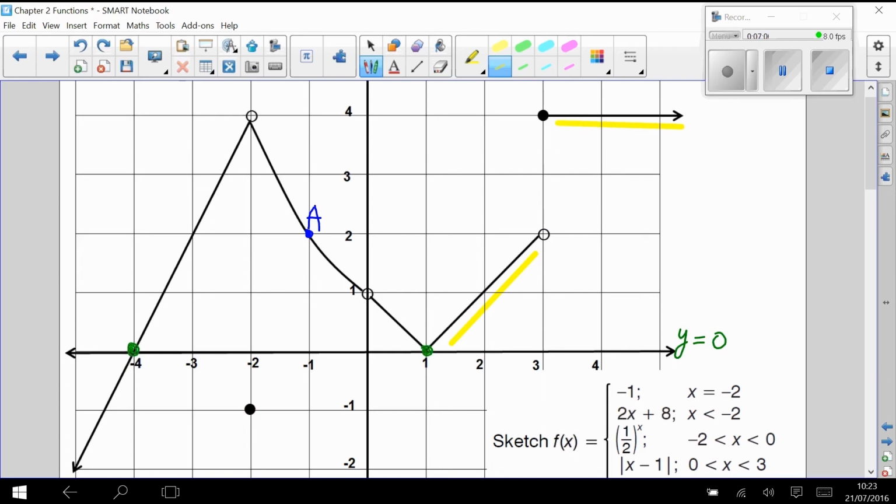Clearly, there's a gap between these two, and so there is a jump from the one part to the other part. From the left, I tend towards a height of 2. From the right, I have a height of 4. And as they are not coming to the same height, there is not a limit when x is 3.